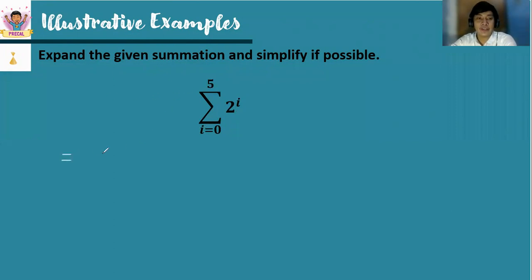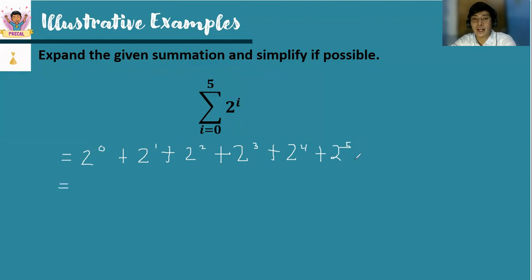To expand the given summation, we continuously substitute 2 raised to I, starting from 0. So we have 2 raised to 0 plus 2 raised to 1 plus 2 squared plus 2 cubed plus 2 to the 4th plus 2 to the 5th, which is the last term of the series.